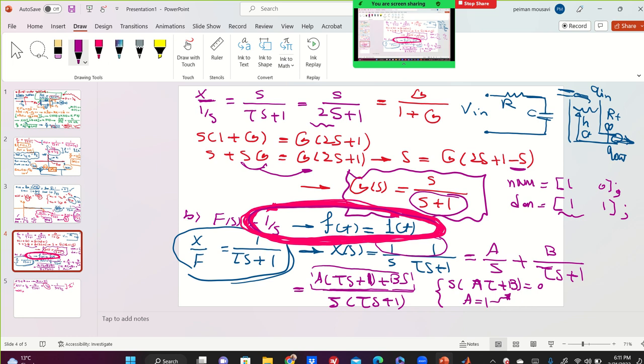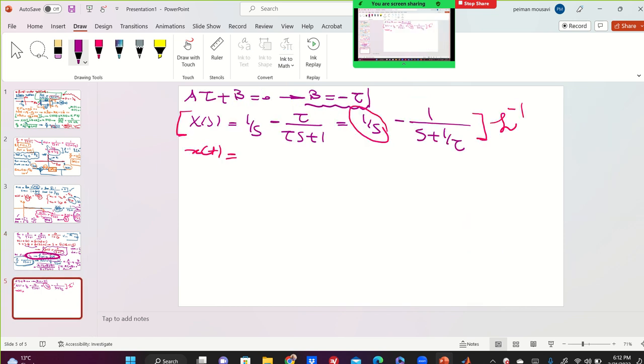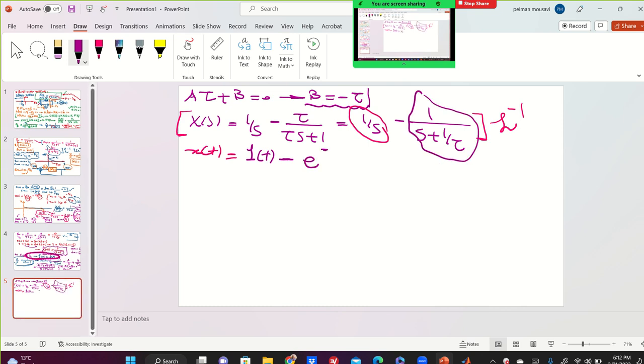Which function has a Laplace transform of 1 over s? Nobody can see? Yes, the unity step. And I just did the other term previously, I don't want to repeat it: e to the minus t over tau.